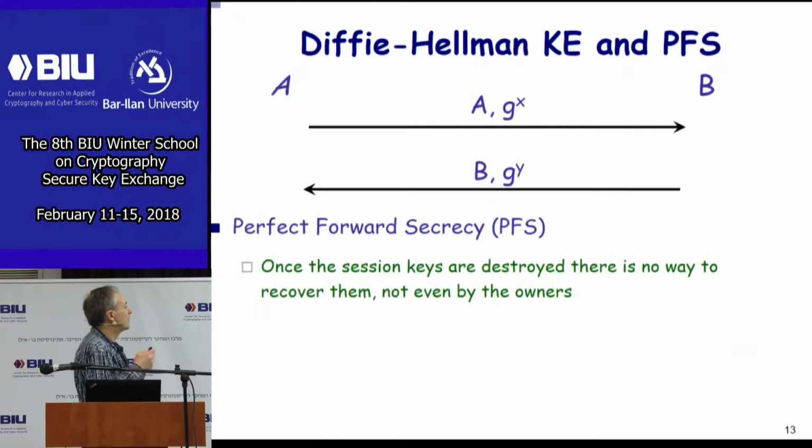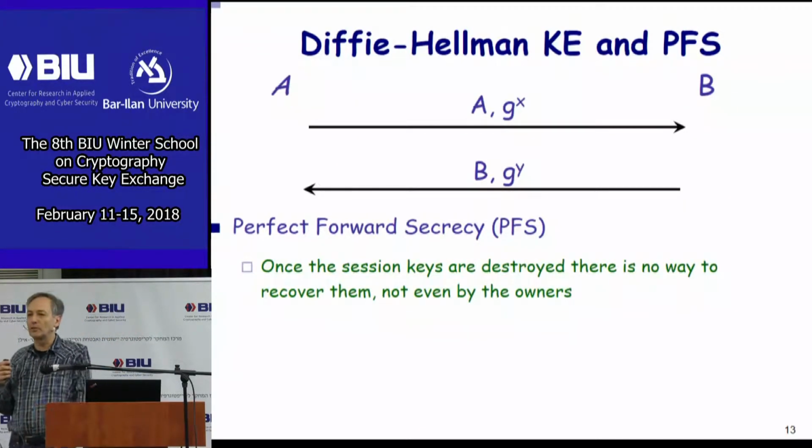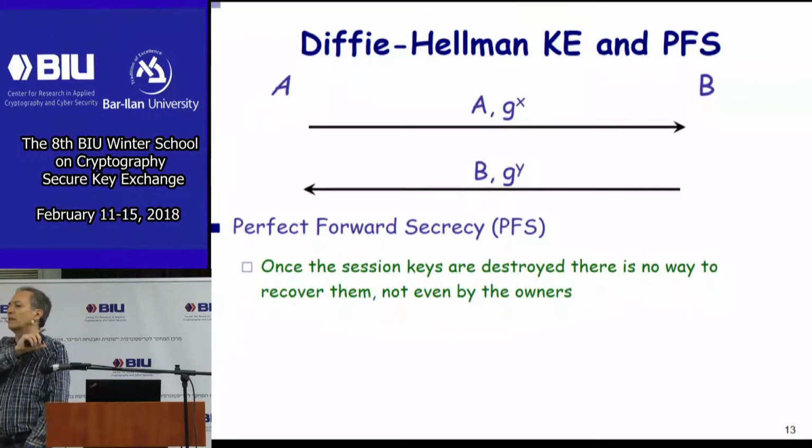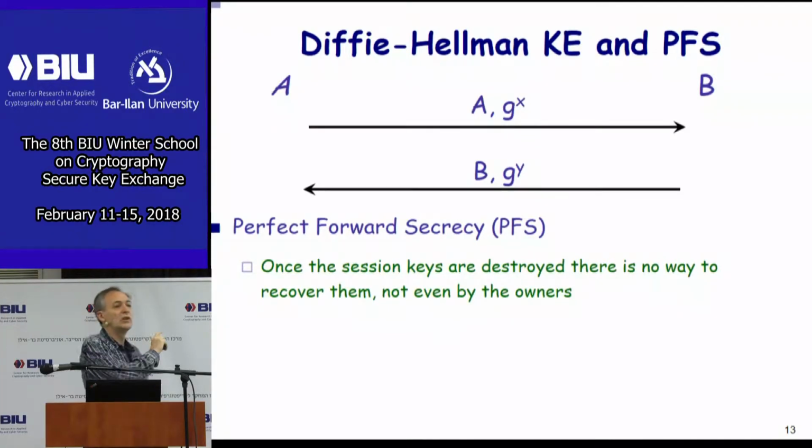Okay, perfect forward secrecy. This is a very important property, becoming more and more important every day. So in Diffie-Hellman, by the way, this is the short part of the presentation in which I'm talking about just Diffie-Hellman without authentication.